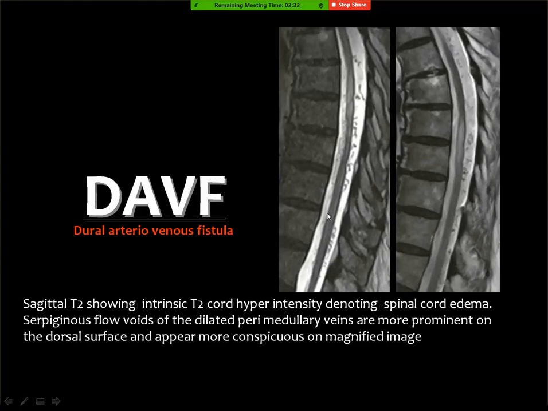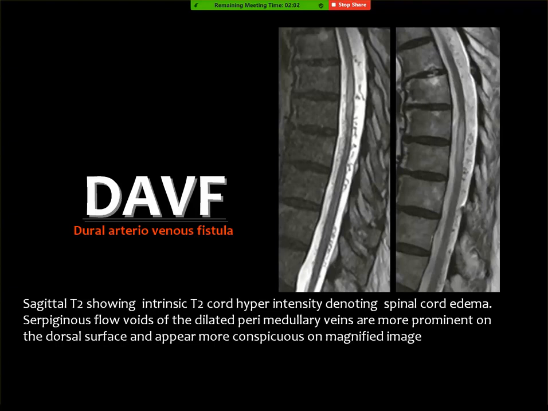And this is another example, which is easily overlooked in clinical practice. You see many vessels in the subdural space, and you look for the cord, and you can see abnormal signal. And I have seen a case in clinical practice with a young adult presenting with acute paraplegia and loss of urine and fecal control.